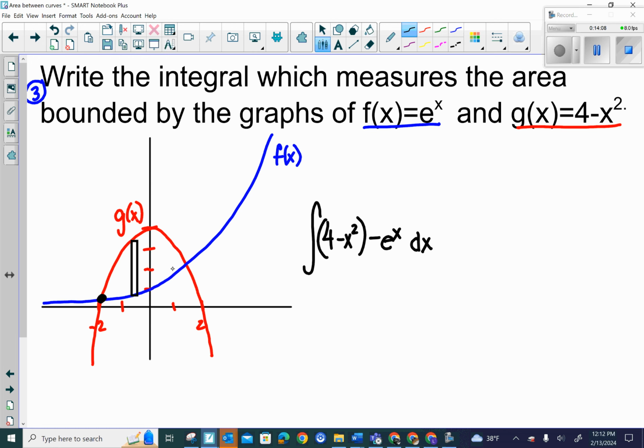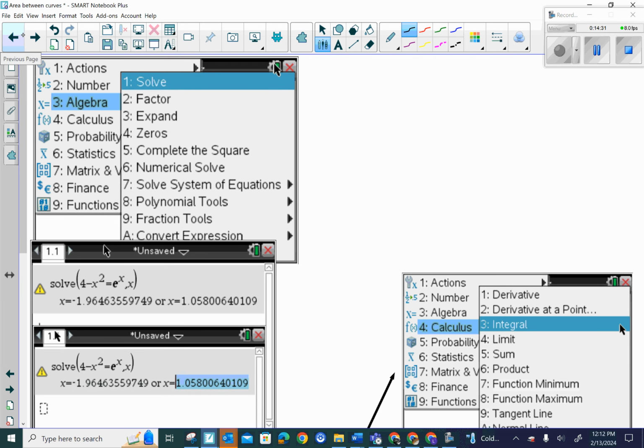And here's where I need a calculator because I don't know where those two curves meet. Since we have an e to the x function and an x squared function, you will have to use technology to find the roots. So I'm going to label them A to B for now. We could find those on our graphing calculator.